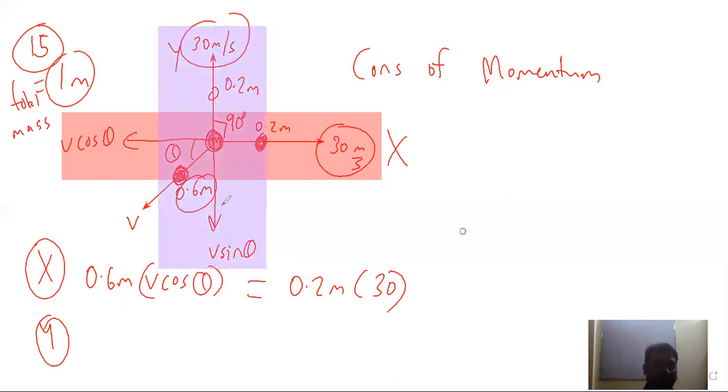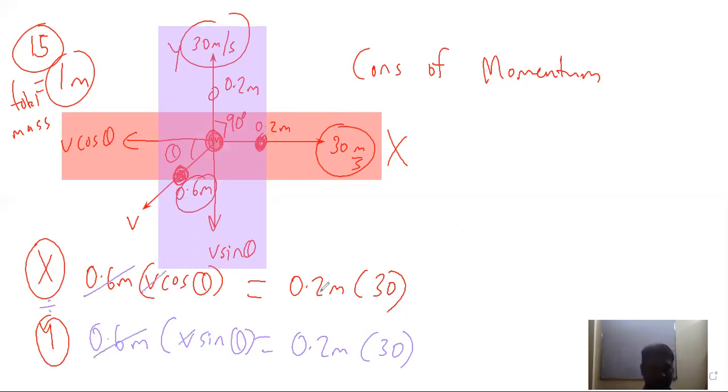So we will have 0.6 m into v sin theta equals 0.2 m into 30. Now, if I divide these two equations, 0.6 m cancels, v gets cancelled, 0.2 m and 30 get cancelled, and we get cot theta is 1.